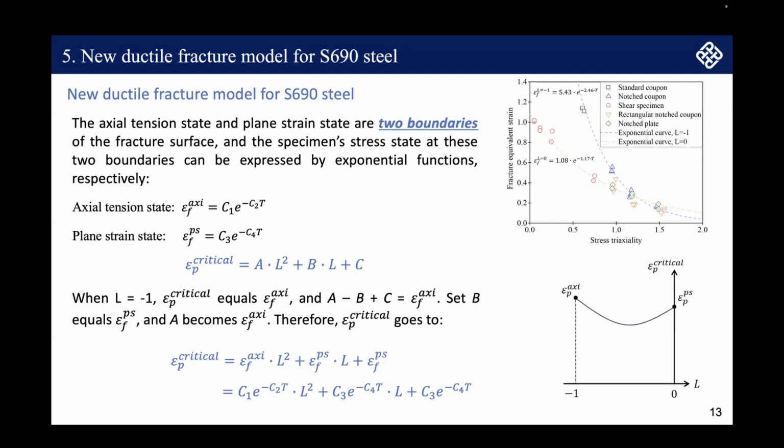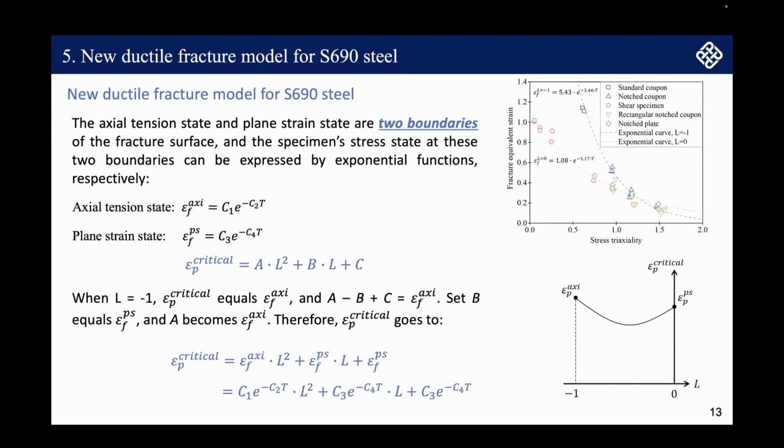We already know that the axial tension state and the plane strain state are the two boundaries of the fracture surface. They can be expressed with exponential functions, like the classical Rice-Tracey model. And then the effect of the Lode parameter is in a quadratic way.